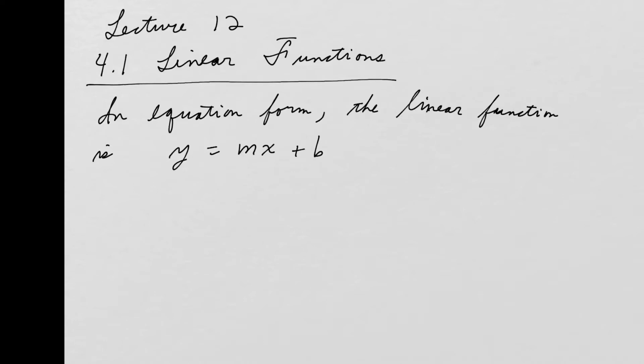So it's called the slope-intercept form. You can think of it as a slope-intercept form of a line, right? It's a linear function, so it represents the equation of a line. So it's a slope-intercept form, I'll say, of a line.